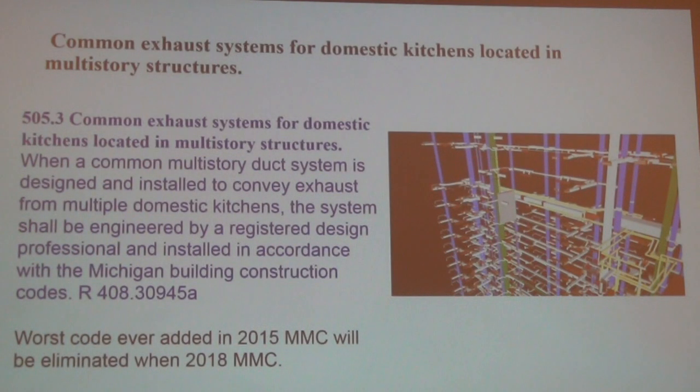Section 505.3, this is an exhaust system for domestic kitchen. This is one of the worst codes that was ever put in by the state of Michigan. It says that when a duct is designed and installed to convey exhaust, it shall be engineered by a registered design professional and installed in accordance with the Michigan Building Codes.